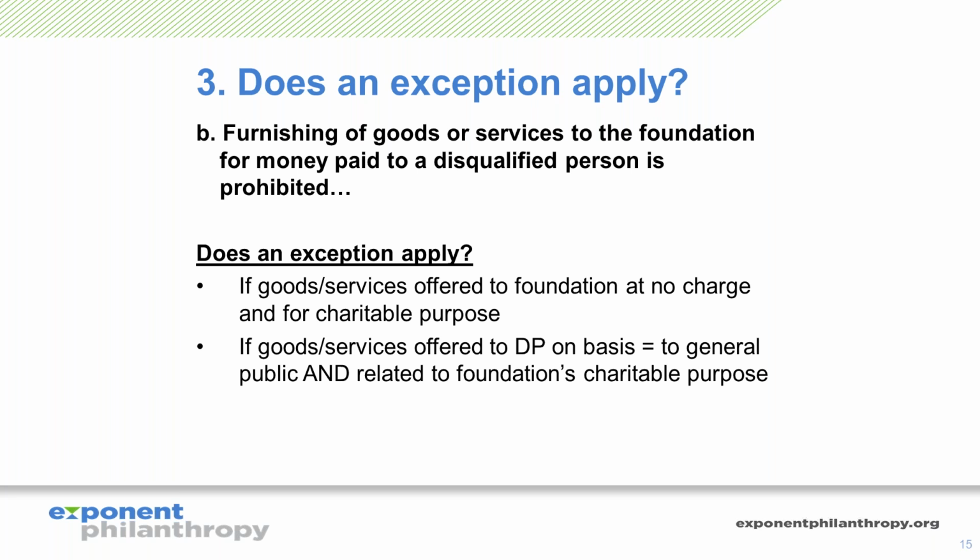The reverse is that second bullet: if goods and services are offered to the disqualified person on the same basis as is available to the general public and is related to the foundation's charitable purpose.